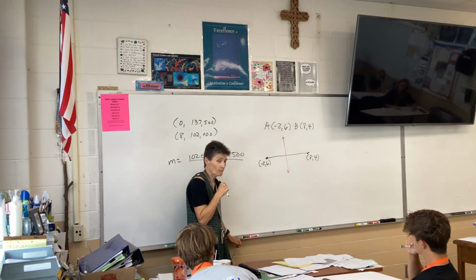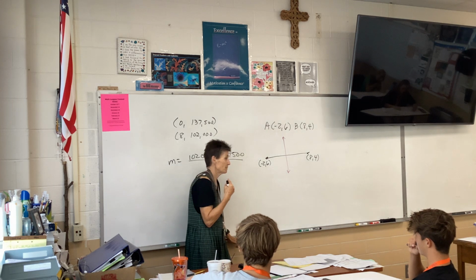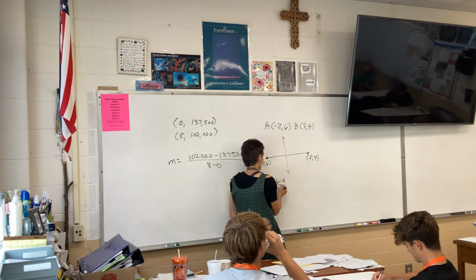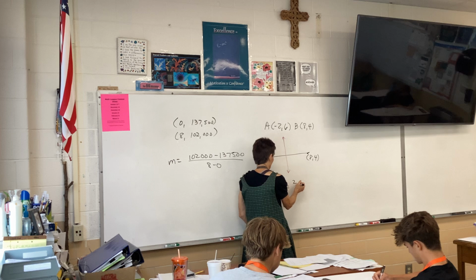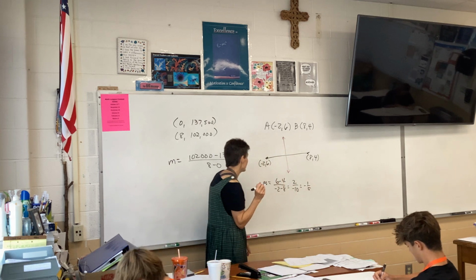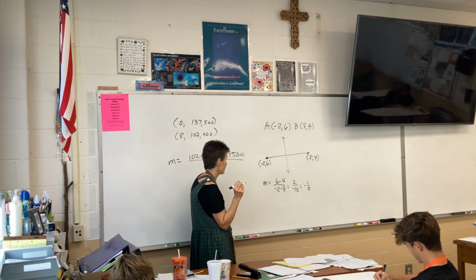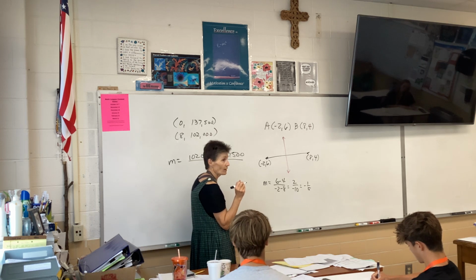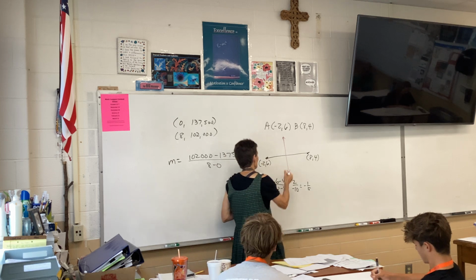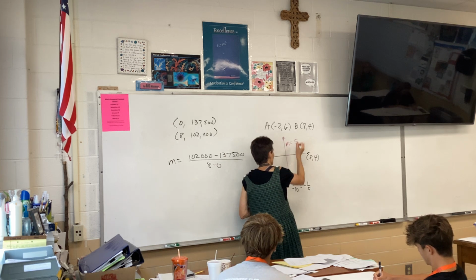And then what will I know about the pink slope? Opposite reciprocal. So my black slope, 6 minus 4 over negative 2 minus 8. I'm getting negative 1/5. Keep an eye on that arithmetic. Is that okay? Now that's the black slope, which means the pink slope is 5.